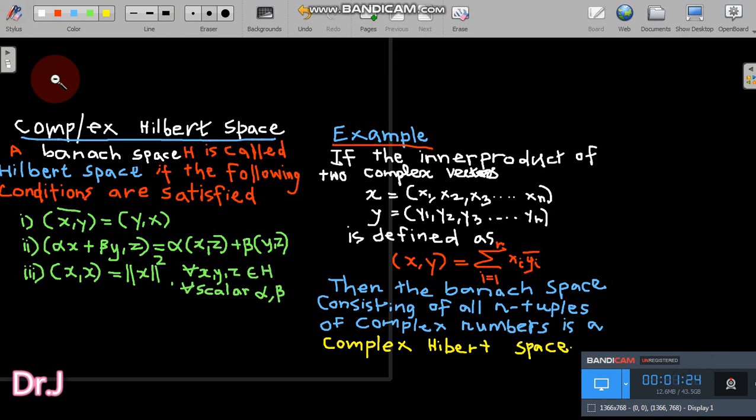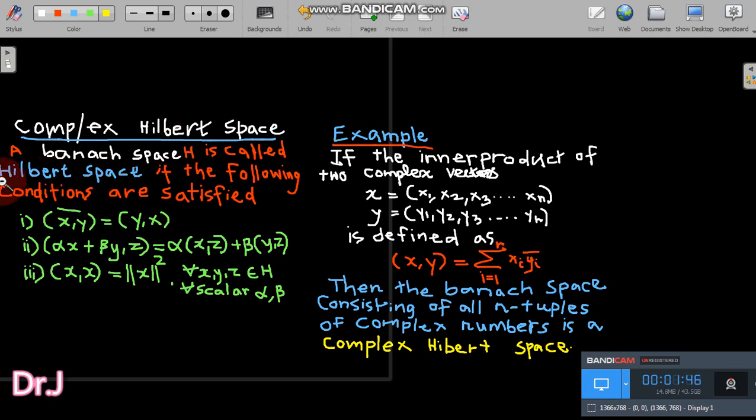Now let me talk about complex Hilbert space. First of all, suppose that H is a Banach space. We know what a Banach space is from your postgraduate study.